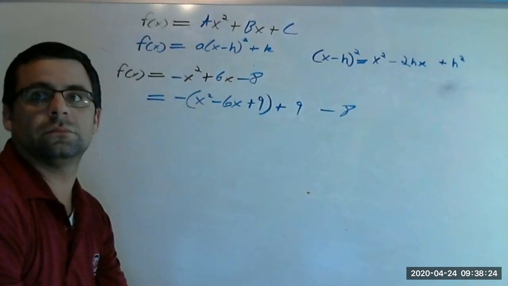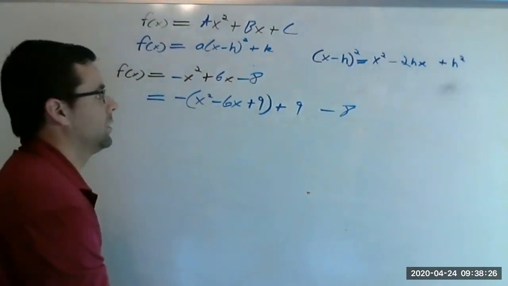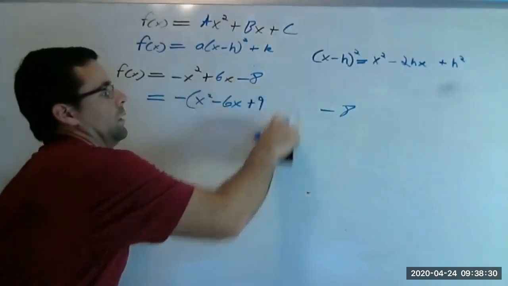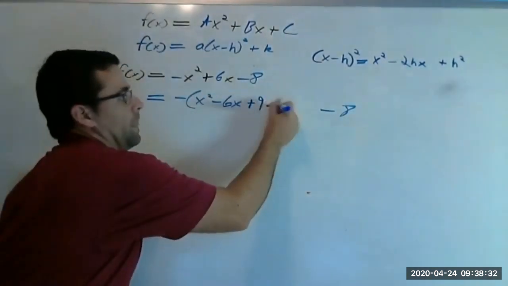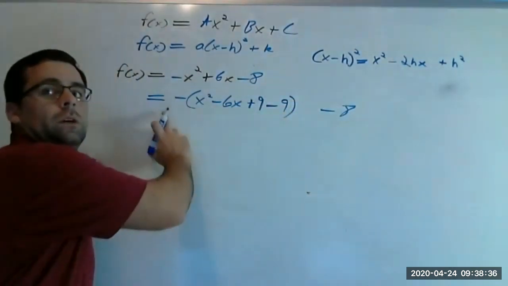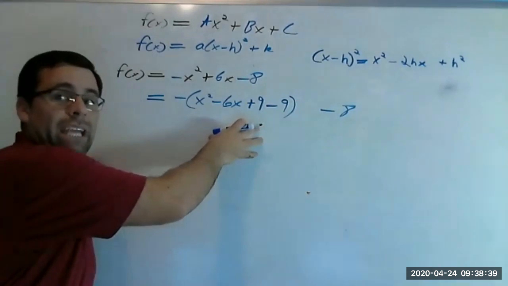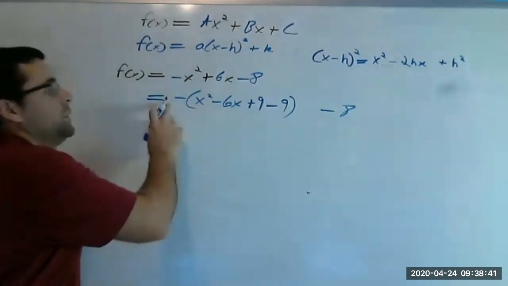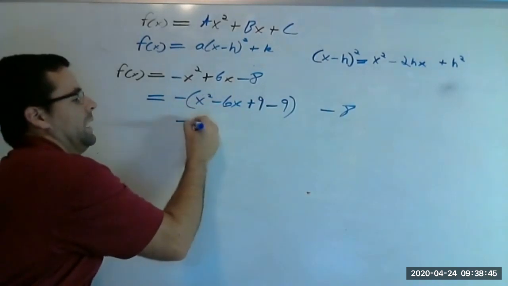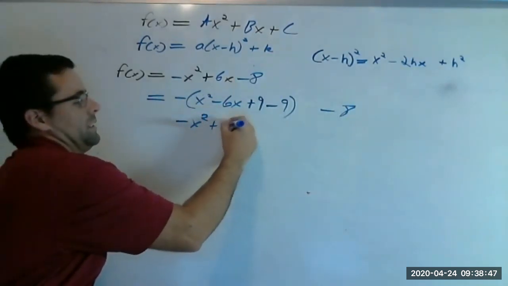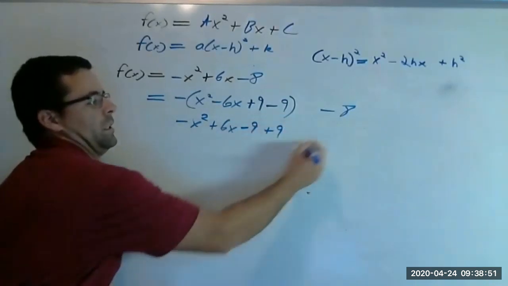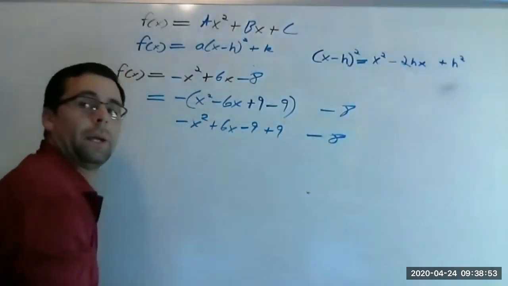Wait, how does it become plus 9? Good question. If we wanted to get rid of these parentheses altogether, we would take this negative and multiply it by everything. And you get negative x squared plus 6x minus 9 plus 9, and then minus 8, right?